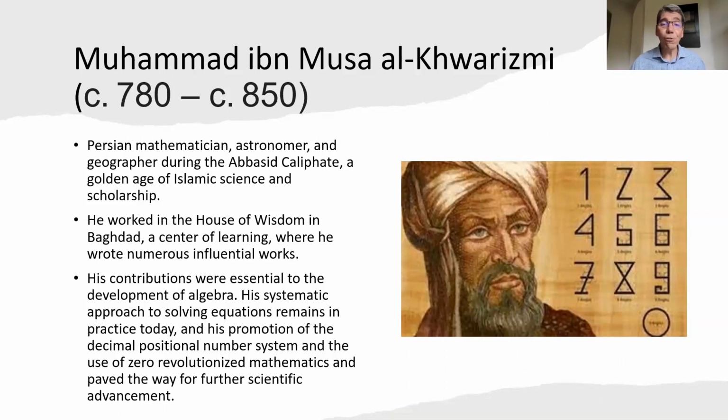But none of those systems had zero. So the Indians, we are going to talk about zero in a little bit, developed the concept of zero. Al-Khwarizmi was the one that developed the Arabic numerals, and introduced zero as one of the numerals.